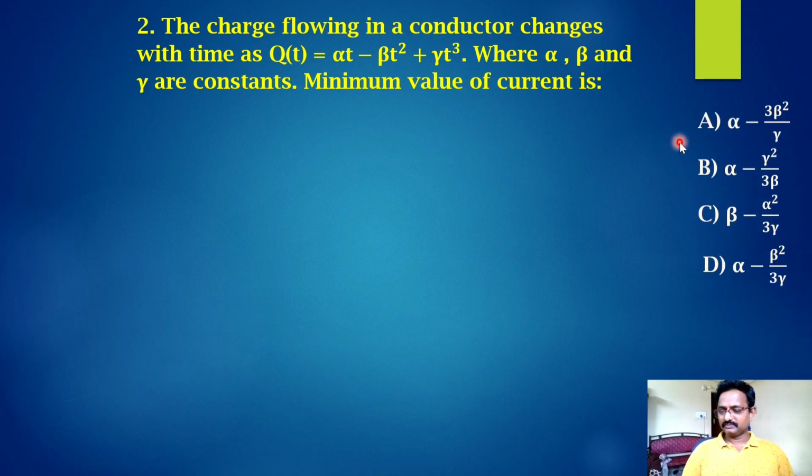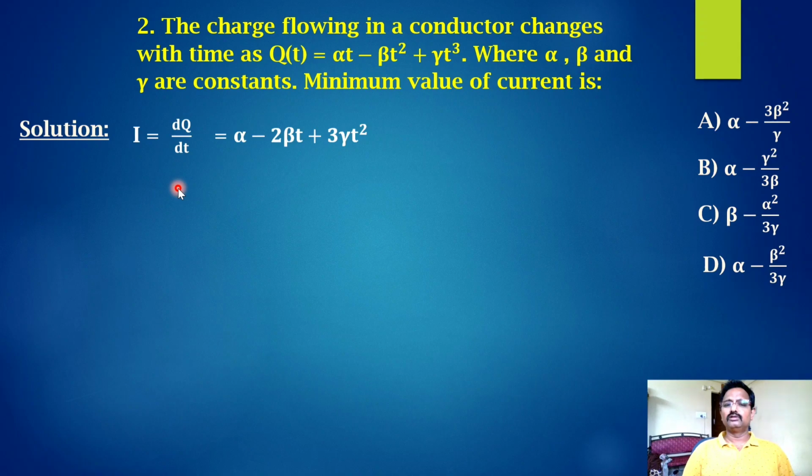From the options, option A: alpha minus 3 beta square by gamma, option B: alpha minus gamma square by 3 beta, option C: beta minus alpha square by 3 gamma, and option D: alpha minus beta square by 3 gamma. Solution. See, we know I is equal to the derivative of q with respect to time.